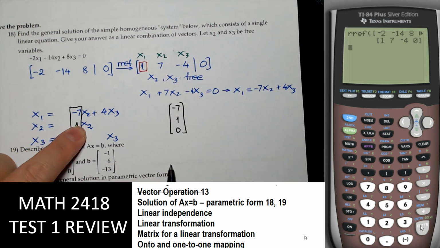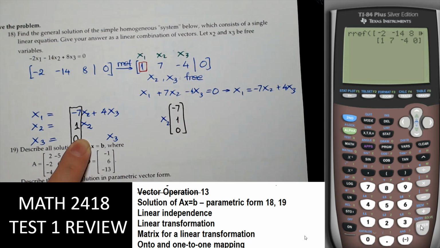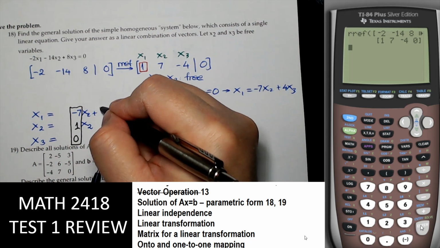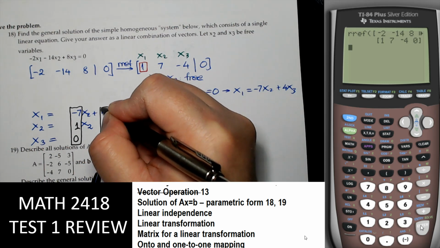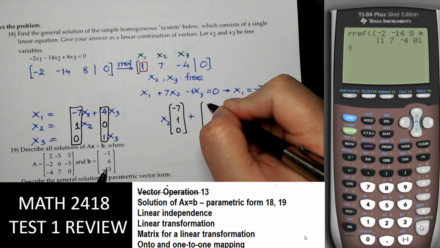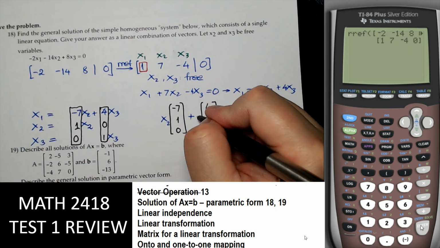Those are the coefficients of x2. Next, coefficient of x3, we have 4, noting here, and 1. So it's going to be 4, 0, and 1, and there's x3 here.